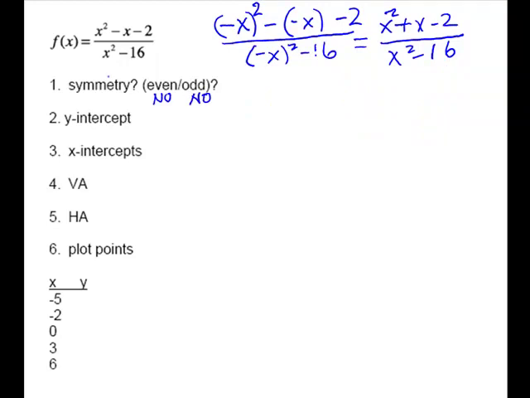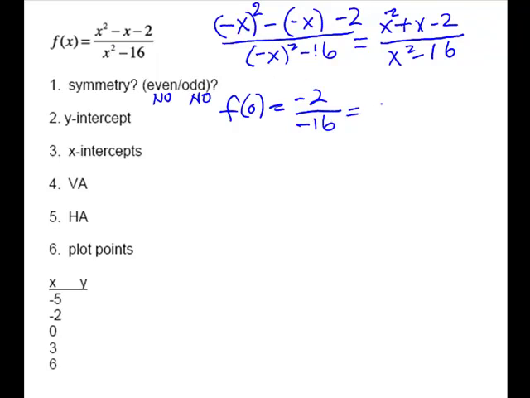All right. So Y-intercept, that means plug 0 into x. So f of 0. So we have 0 minus 0, and we get a negative 2 over 0 squared is going to be 0 minus 16 minus 16.